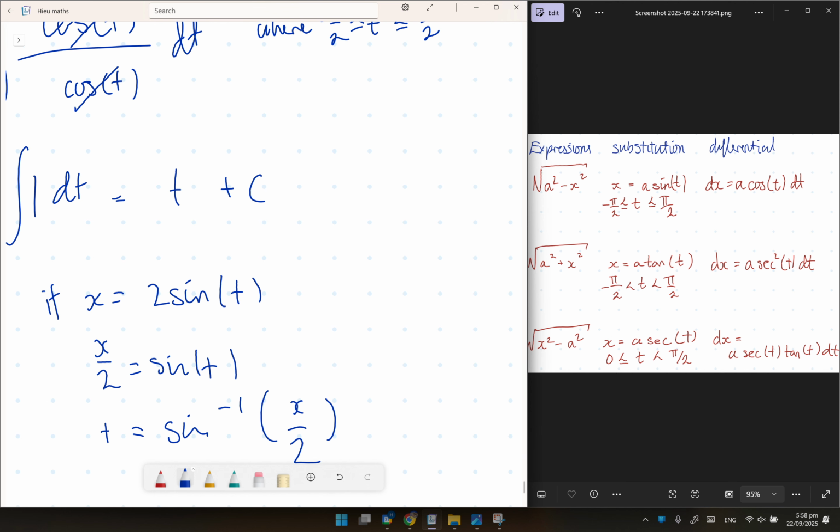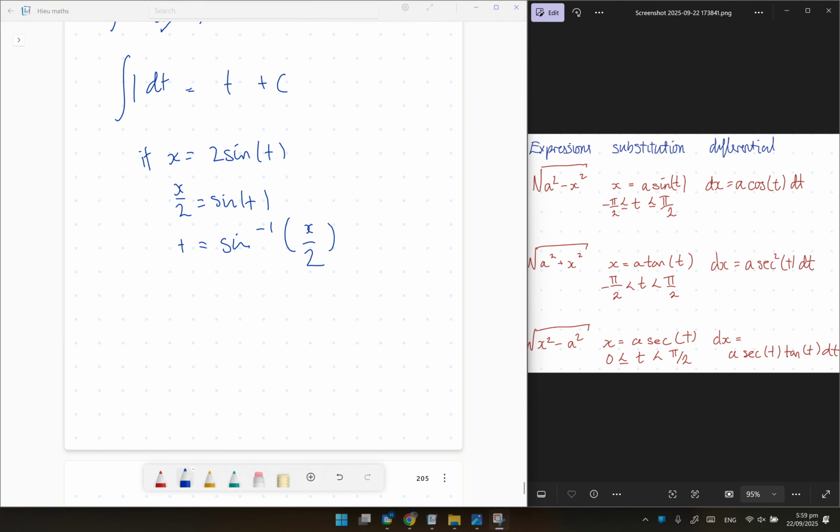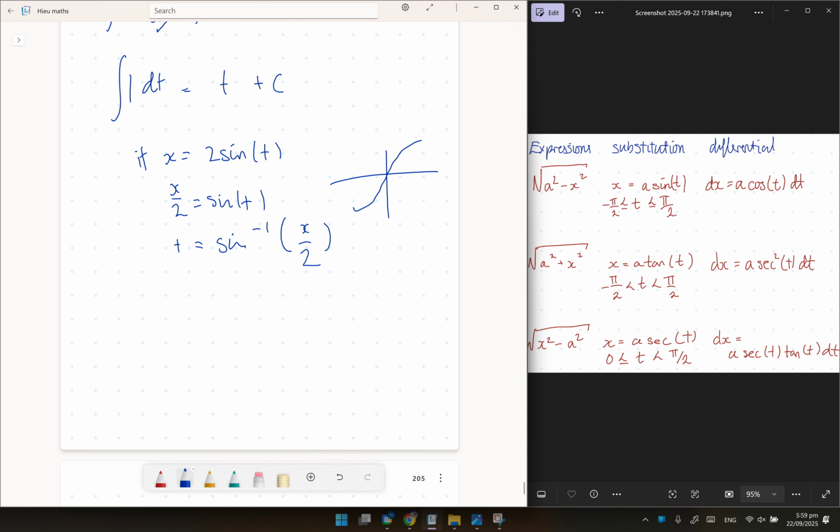I'm just trying to think how we can state the range of x. I figured it out. If we have sine t, and we remember the graph for sine t, it goes like this.